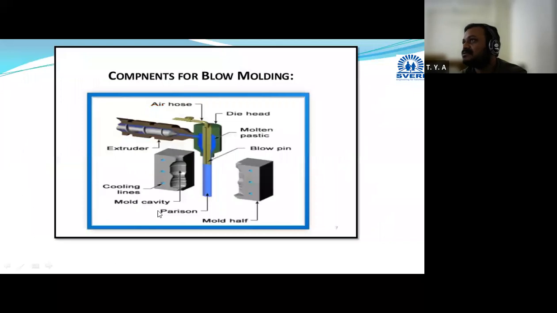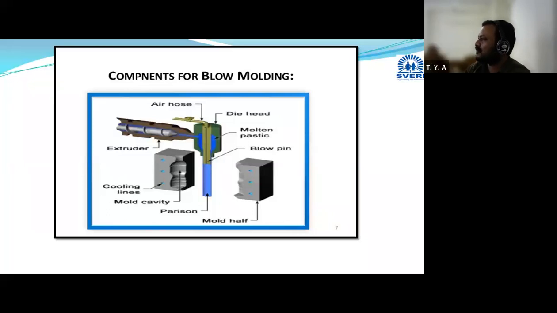These are the components which we are going to use for performing the blow molding operation. First I will explain the components, and then the steps. The first component is our parison. The parison is the heated material, preheated in the form of a tube.